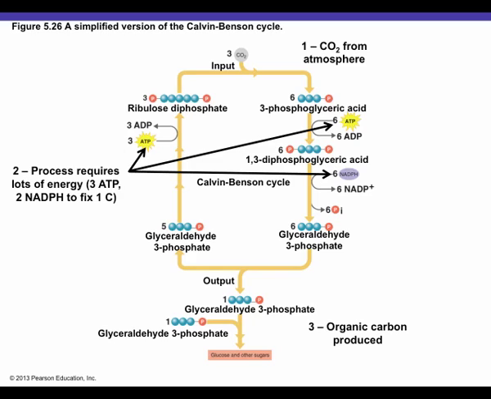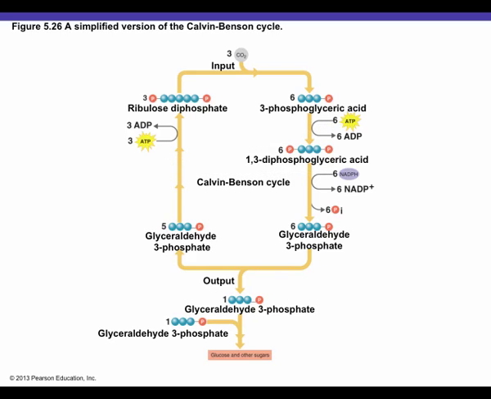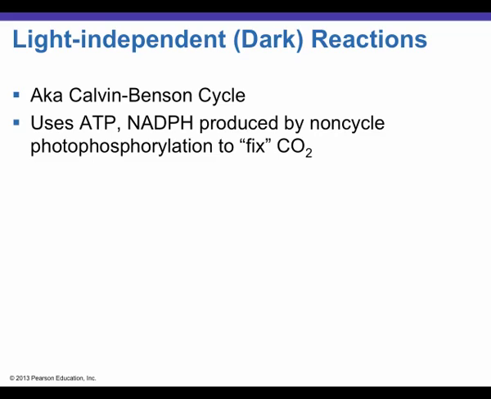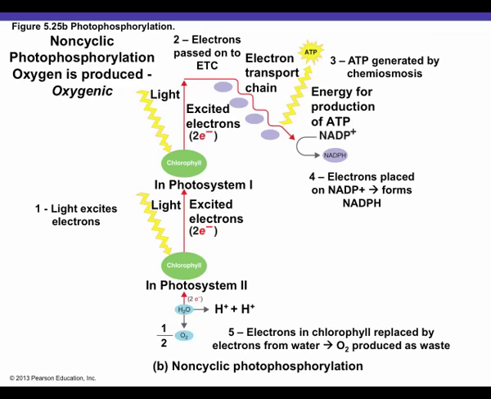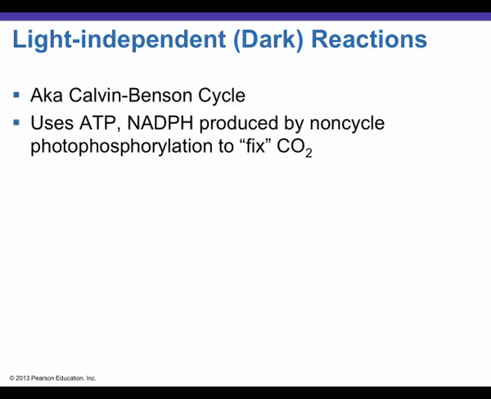And glucose is going to be the food source for plants and algae that do this type of photophosphorylation, non-cyclic, and the Calvin-Benson cycle. Their food source is actually glucose, not light. The light is simply used to generate the ATP and the NADPH to fix carbon dioxide. And then they're going to fix the carbon dioxide, make glucose, and eat the glucose. They also have mitochondria. Yeah? Interesting stuff, right?